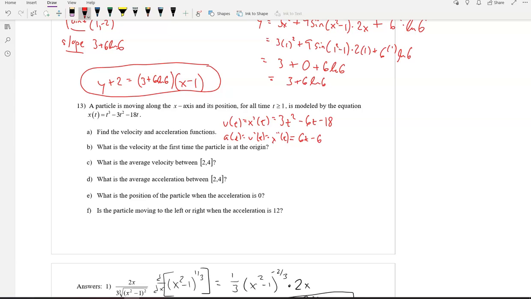Anyway, letter B. What is the velocity? Okay, so we're looking for a v of t, right? We're trying to solve for velocity here at the first time the particle is at the origin. So how are we going to determine this?